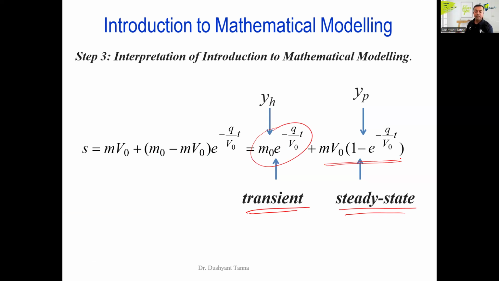Obviously, when t goes to infinity, the part e raised to minus t times something goes to 0. So this is 0, MV0 times 1 minus 0, and therefore your S will be nothing but MV0, okay?